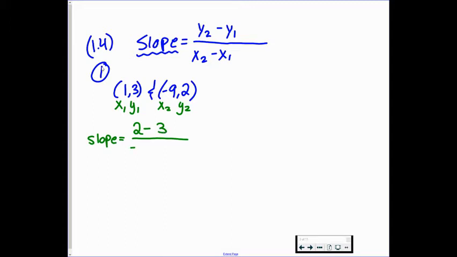In the denominator, x2 is -9 minus x1 is 1. Now we're just going to simplify that on down. 2 minus 3 is -1, and -9 minus 1 is -10. And a negative divided by negative is a positive. So that slope is positive 1/10.